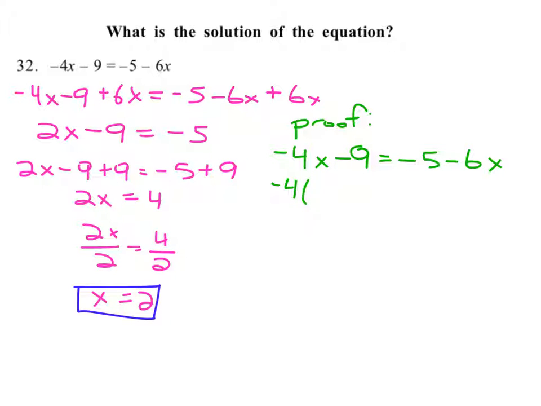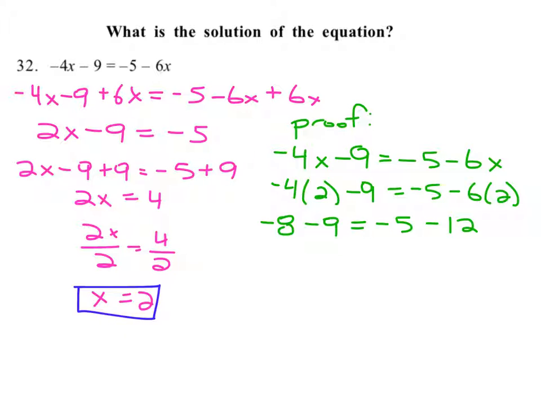Negative 4 parentheses 2 minus 9 equals negative 5 minus 6 parentheses 2. And I'm going to do all the multiplication on both sides first. So negative 4 times 2, sorry, negative 8 minus 9 equals negative 5. Negative 6 times 2 is negative 12.